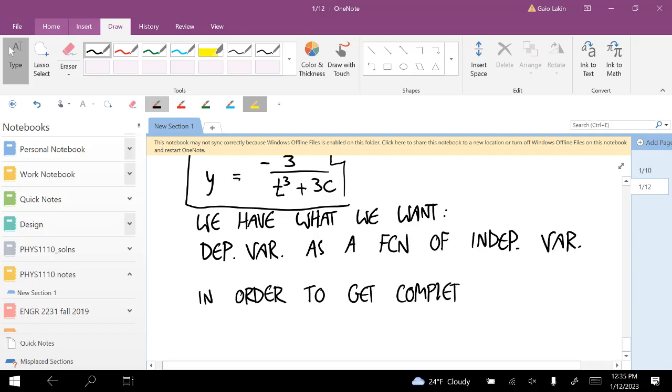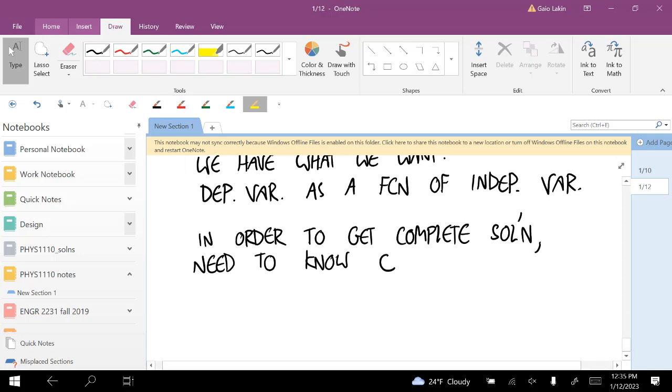In order to get a complete solution, we need to know C. Okay, we need to know what that constant C is, and that comes from the boundary conditions that have to be given with these.